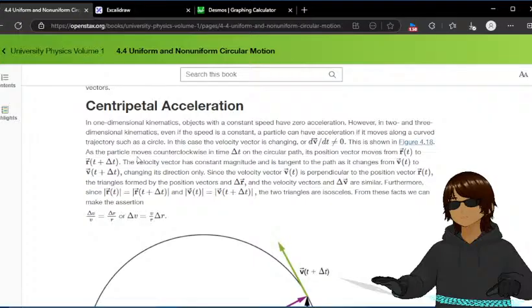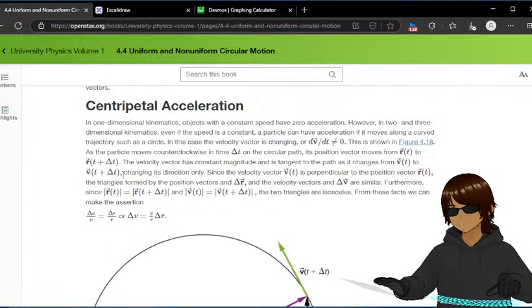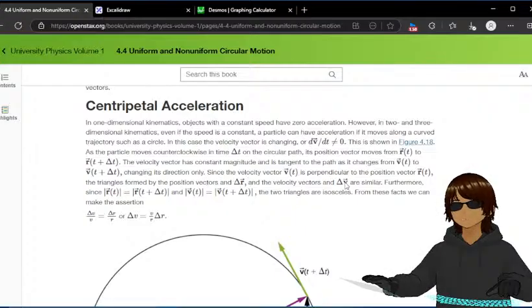As a particle moves counterclockwise in time t on a circular path, its position vector goes from r to r at t plus delta t. The velocity vector has a constant magnitude and is tangent to the path as it changes from v to the other v, changing its direction only, since the velocity vector is perpendicular to the position vector. Triangles formed by the position vectors and delta r and the velocity vectors and delta v are similar.